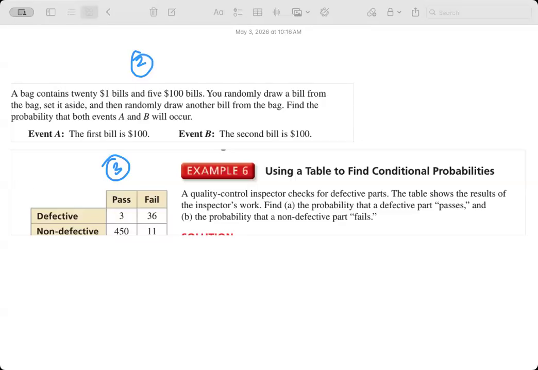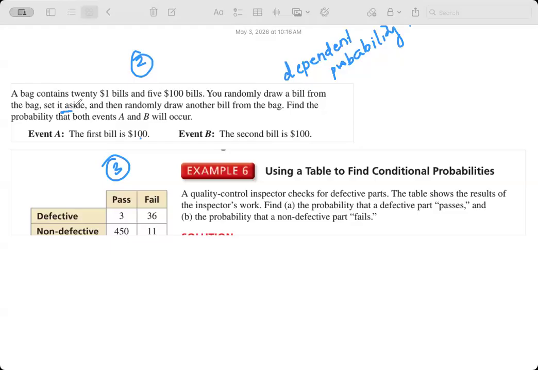Let's see. I'm going to do the second one on the board, okay? A bag contains 20 $1 bills and 5 $10 bills. You randomly draw a bill from the bag. The thing is, you need to assess whether this is dependent or independent probability. When you pick a bill, that bill is gone forever, set aside.